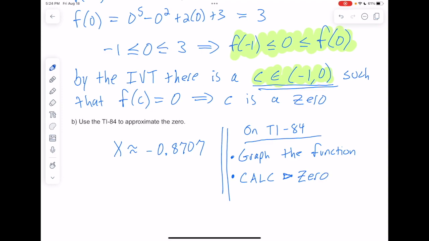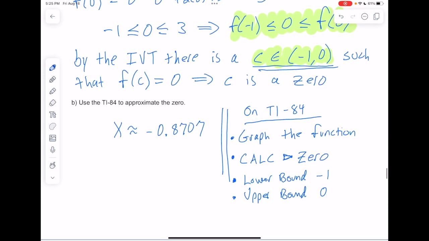After you do the calc 0, and by the way, the calc key is right above the trace key, and then you'll choose the 0 option. And then the next is going to ask you for a lower bound. So in this case, you could put for the lower bound -1. But what you're always doing is whatever the left endpoint of the interval you were given is. And then for your upper bound, you would put the right-hand end of the interval you were given, which in this case was 0.